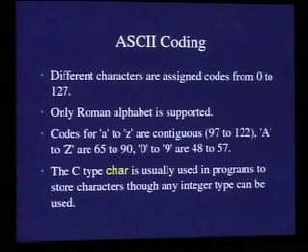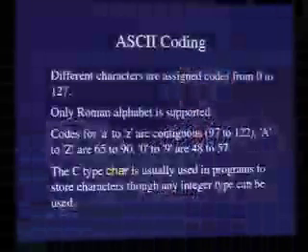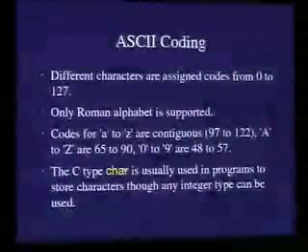And since the ASCII codes are from 0 to 127, any character can be represented using the char type. But in principle, any integer type can be used to hold a character, because ultimately a character is internally stored as an integer, which is the ASCII code for that character. And we can of course also use unsigned char, because the range for unsigned char is from 0 to 255.